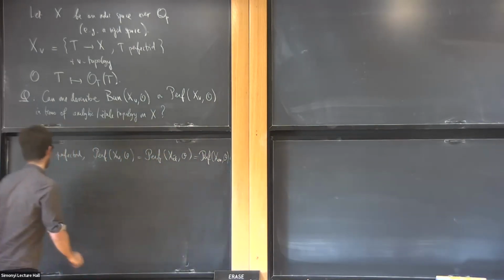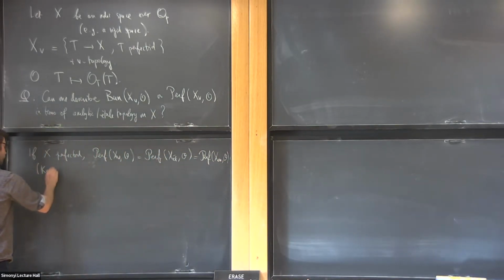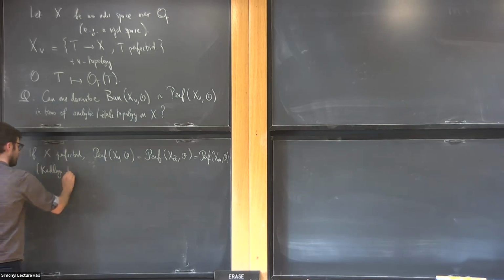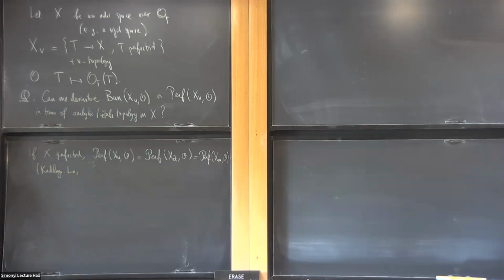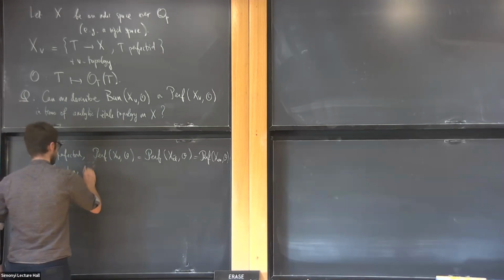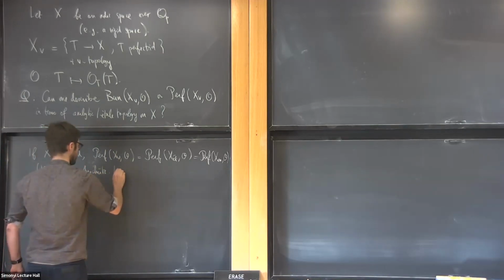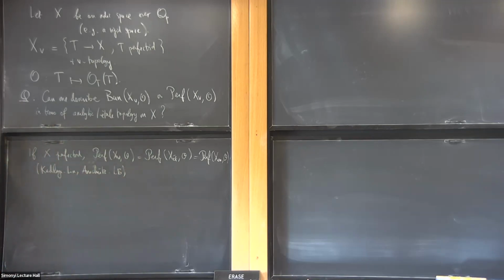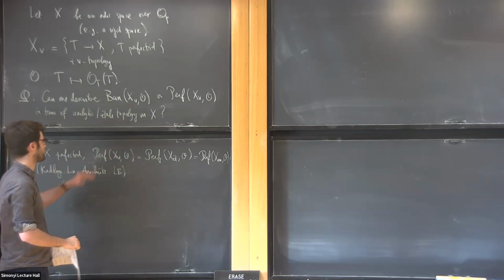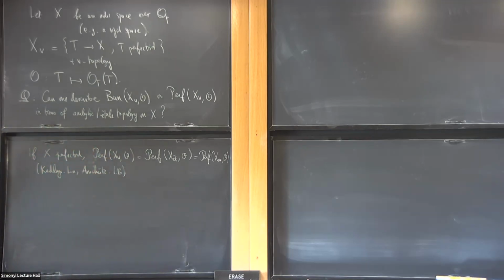So for vector bundles, this is due to Kedlaya–Liu, and was extended by Anschütz and myself, building on their work. So this is basically just telling you that you have descent for the v-topology for perfect complexes on perfectoid spaces. And we will see many more, much stronger analogous descent results in the next talk.